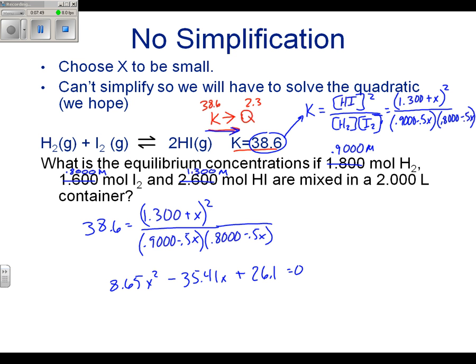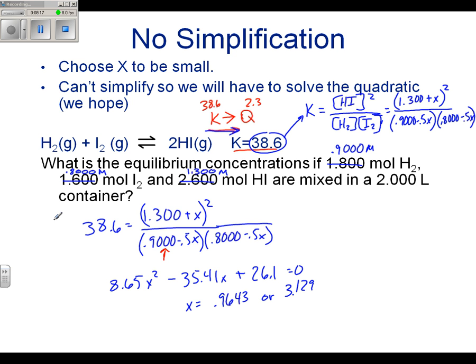The quadratic gives you two answers. Only one of those answers will be correct. When I plug this into the quadratic, I got 0.9643 or 3.129.